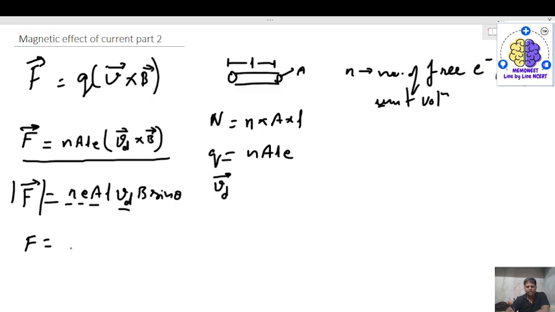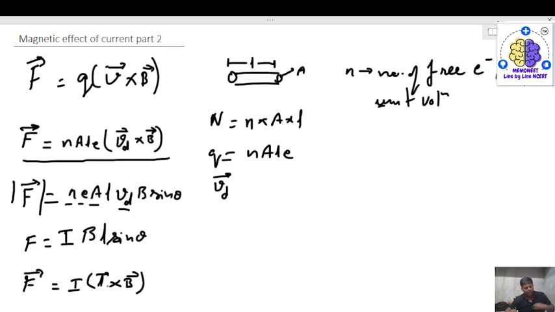From here we can say that n e A Vd is nothing but I, as we saw in current electricity. So F equals I into B into L sine theta, right? So we can say that F vector equals I into L vector cross B vector, where L vector is basically in the direction of the current.